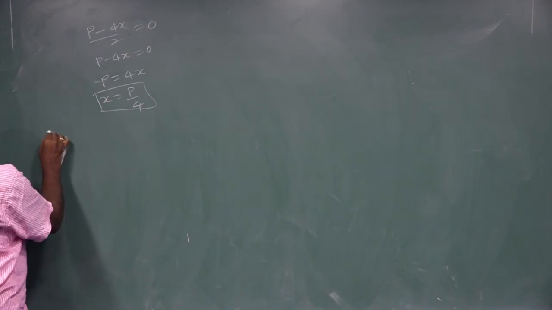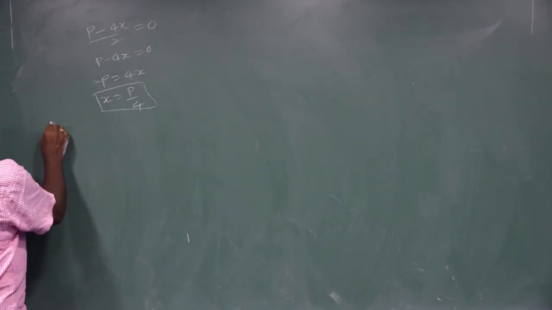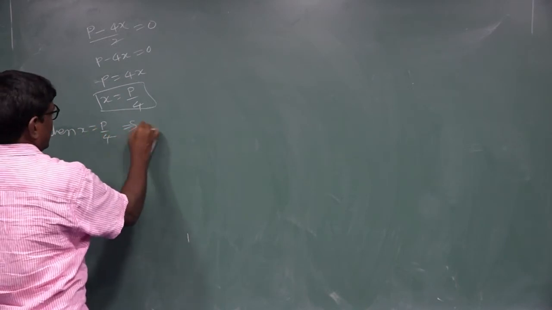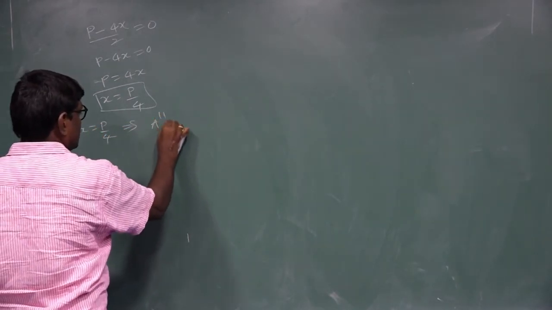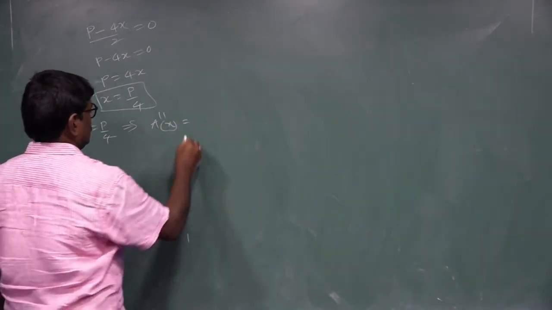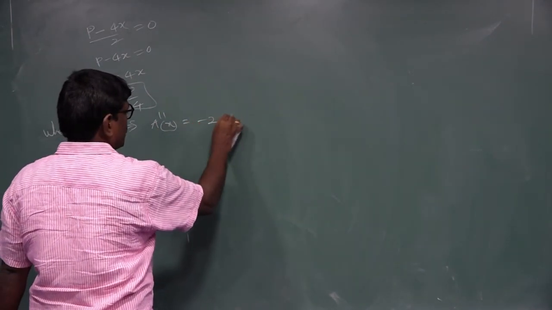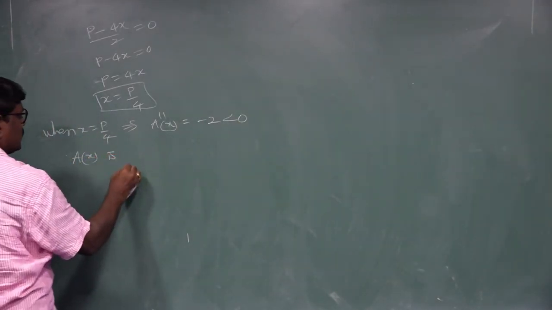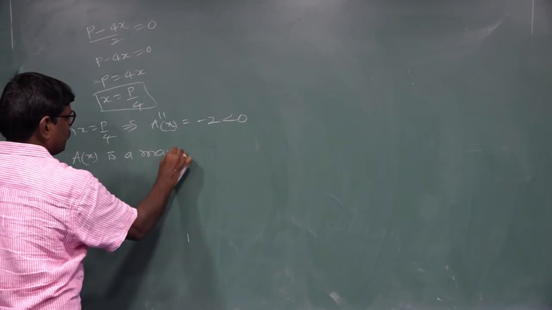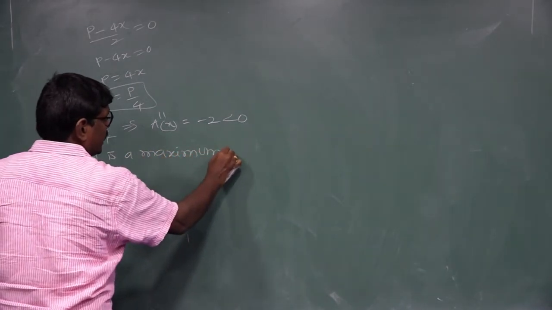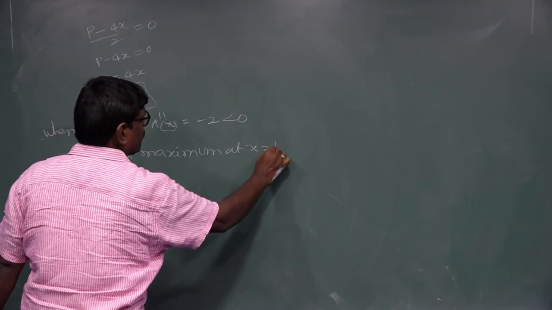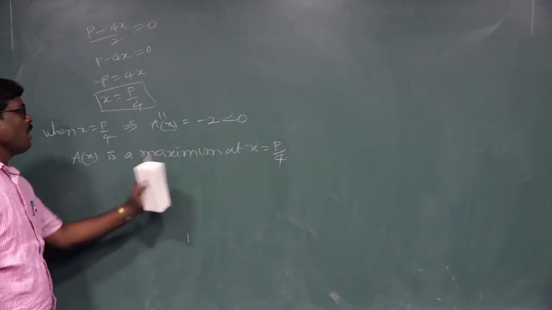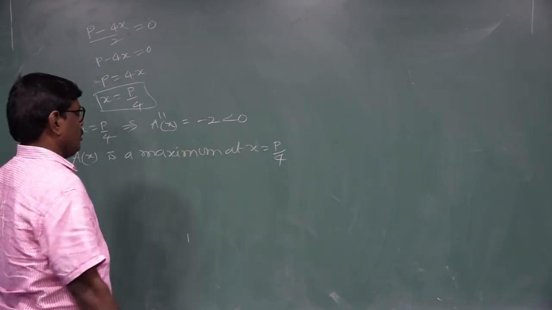When x equal to P by 4 implies A double dash x equal to minus 2, less than 0. A of x is a maximum at x equal to P by 4. Less than 0 is maximum, greater than 0 is minimum.